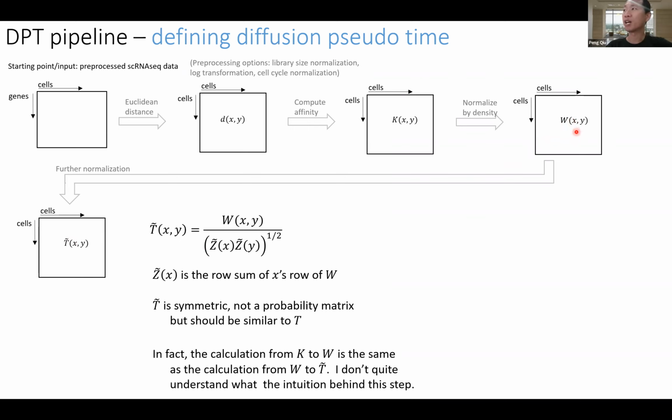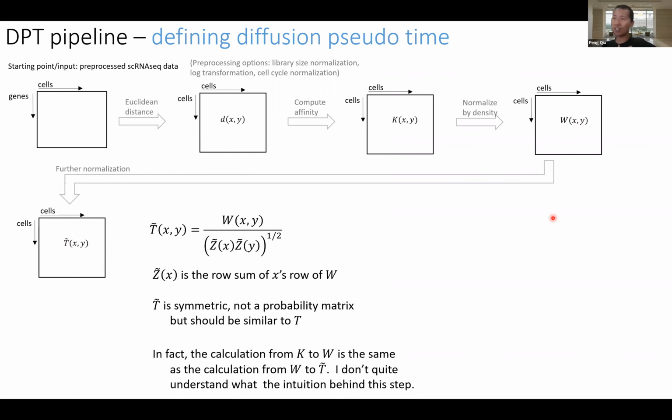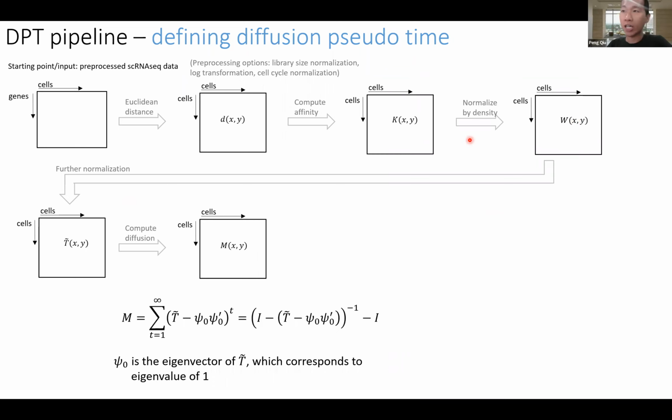So compared to the previous formula, these two formulas are pretty much the same. In fact, I still don't really understand why they needed two steps of normalization, because again, they're almost the same. But anyway, it is a component that the authors decided to keep in their pipeline. In my mind, I would consider this T tilde and this W matrix to be the same. And then after that, they compute what they call diffusion.